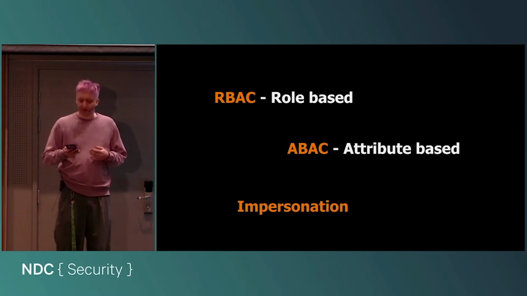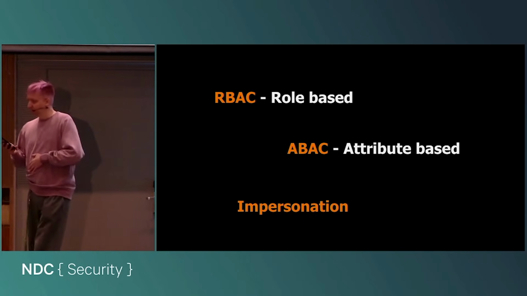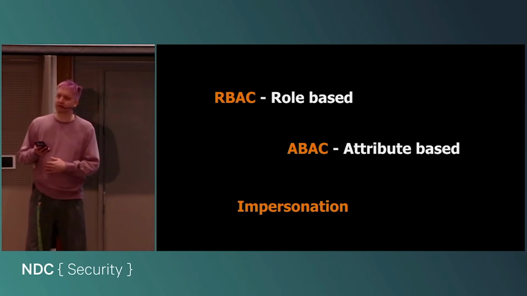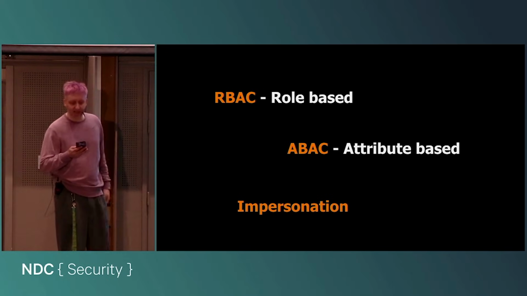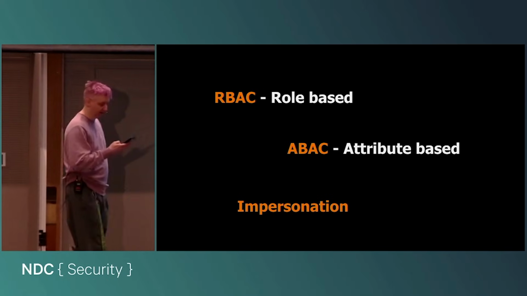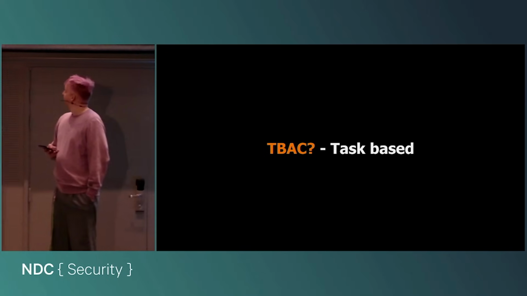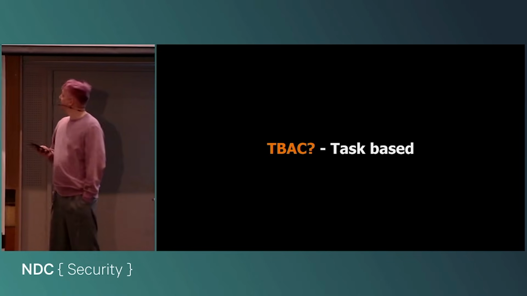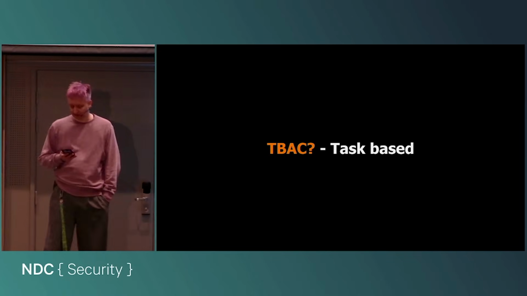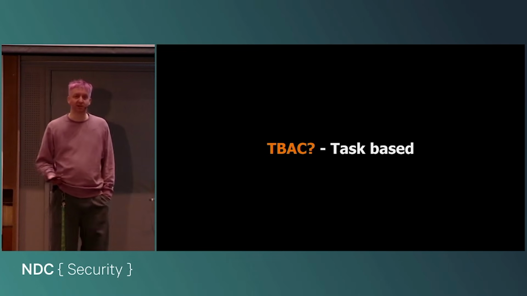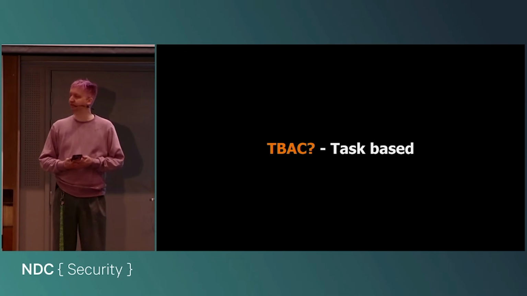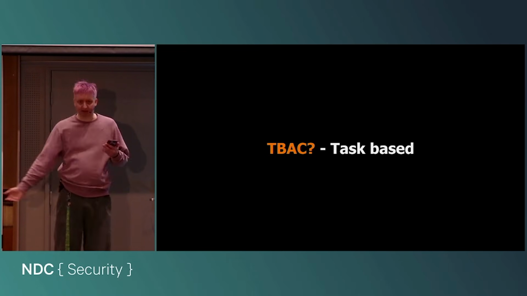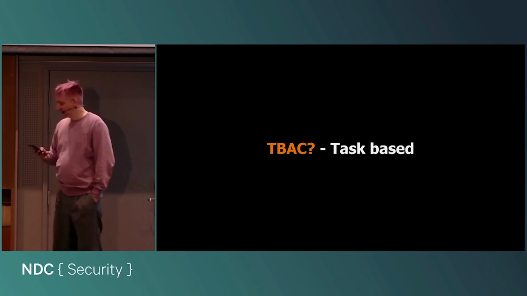Are we just working with impersonation? How will we log and manage the accountability? You will log the user, not the agent. And then something called task-based access control has been proposed. Is that the solution, where the agent has the right to do this task on behalf of the user?